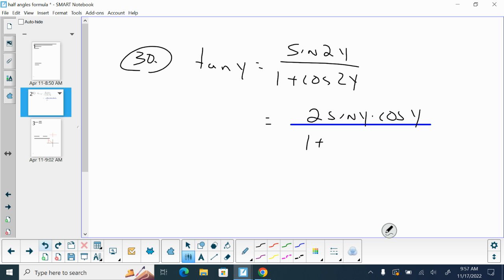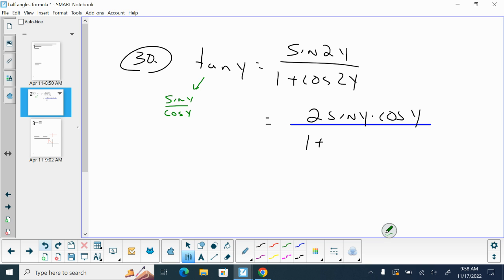There's also not a problem by looking at the left-hand side. If I want to get the tangent of y, which by definition, in terms of sine and cosine, I have the sine of y over the cosine of y.